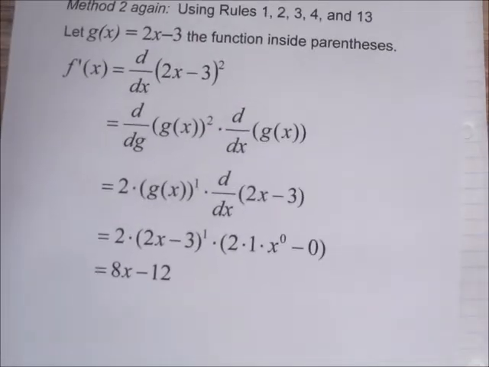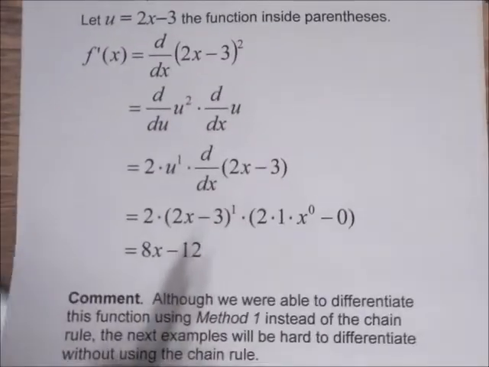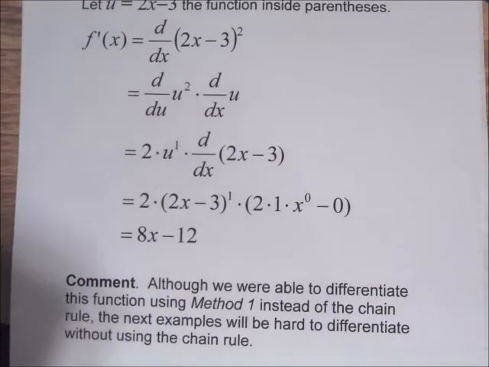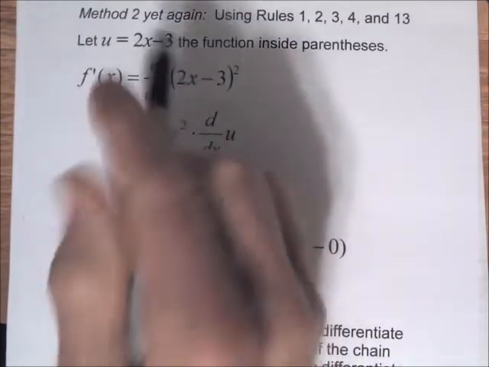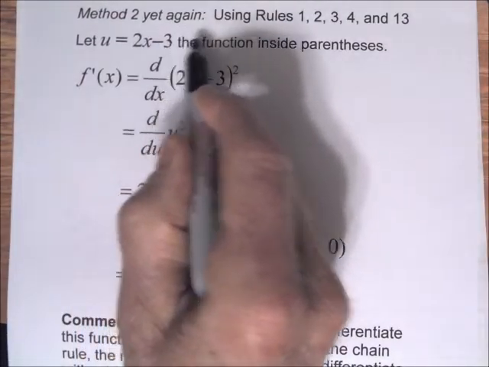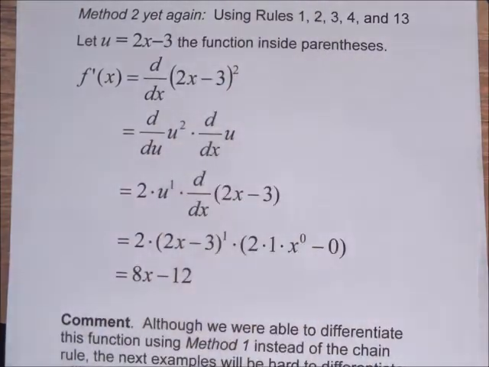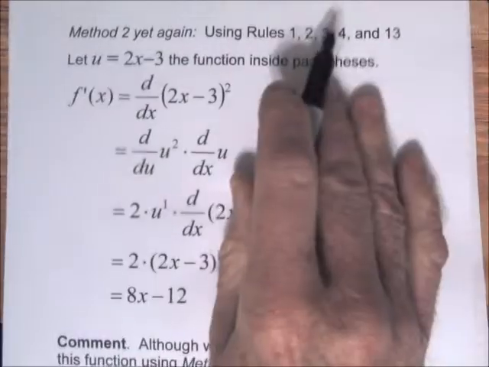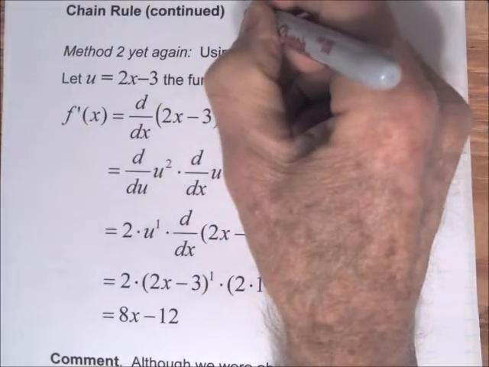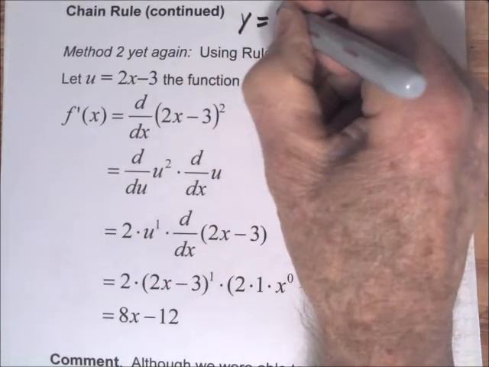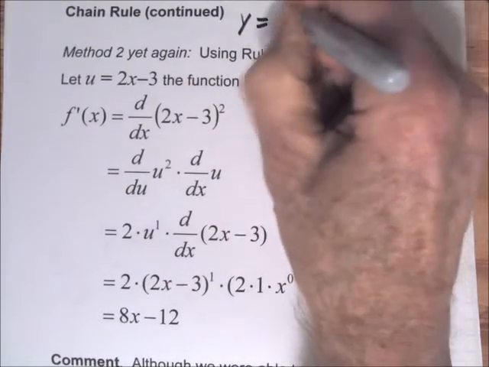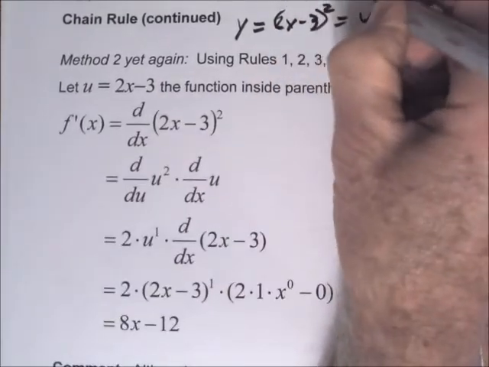We could also express this in terms of Leibniz notation, where the inside function is represented by u. So we do a substitution, u equals 2x minus 3, and that means that y is equal to, well, it's 2x minus 3 squared, but it would be u squared.